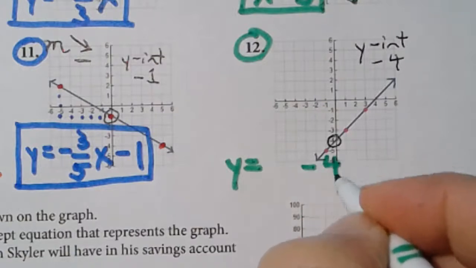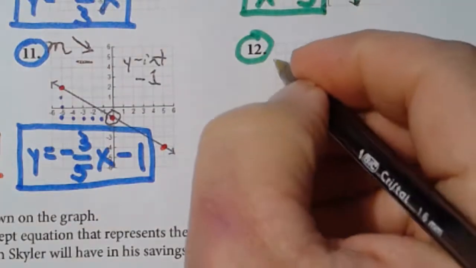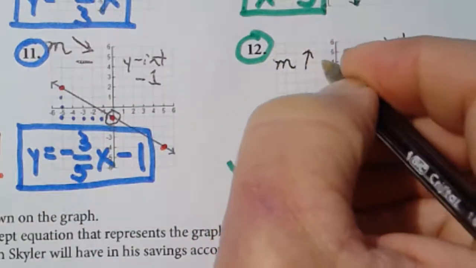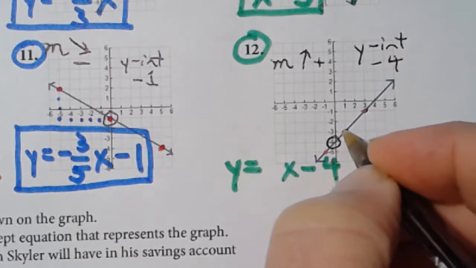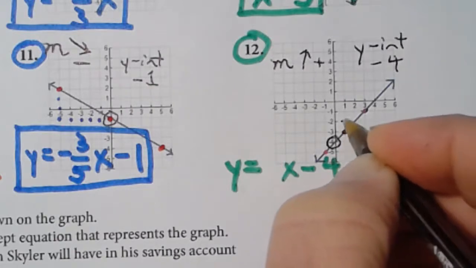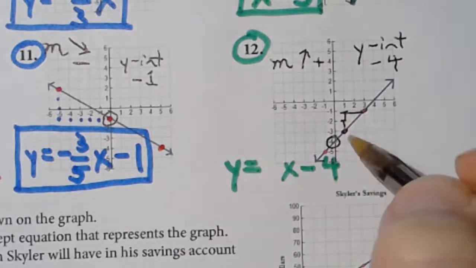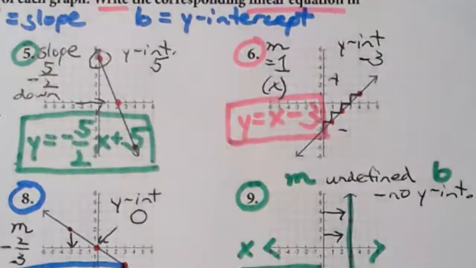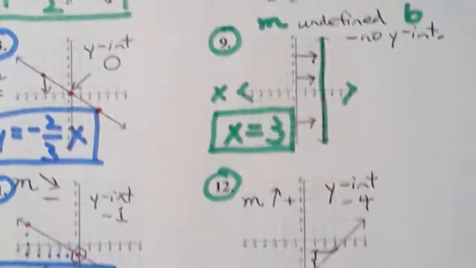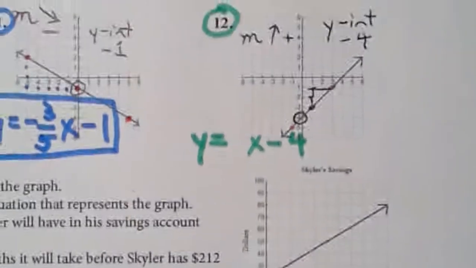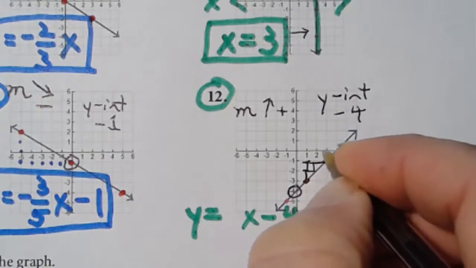That's the same slope that we had up here. Up 1 over 1, up 1 over 1. The little stair step. And whenever you see stair step like that, that means the slope is 1. So I could imagine writing a 1 there, but I don't need to. Y is x minus 4, which means if y is 6, what would x be? 6 equals something minus 4. X would be 10.